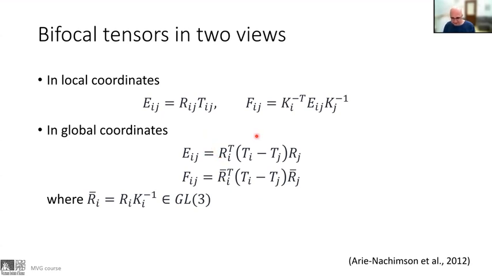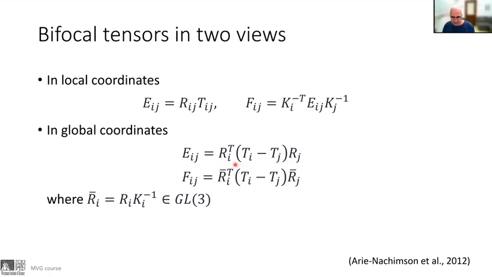So this equation exactly reflects that. You apply a global rotation to image j, and the global rotation to image i on the other side. Now both cameras are parallel to each other, and so the difference between them is Ti minus Tj. That would be the essential matrix.